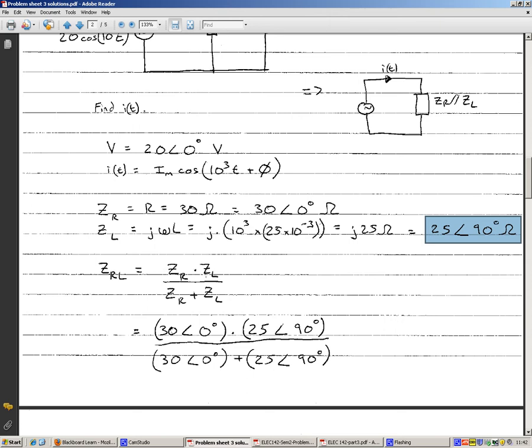Because it's a multiplication on the top, put your answer in polar form on the top, and because it's an addition on the bottom, you can put it straight in rectangular form on the bottom if you want. I've just done this so we can see clearly what's going on. So I've put these values in, which I've just got from up here.